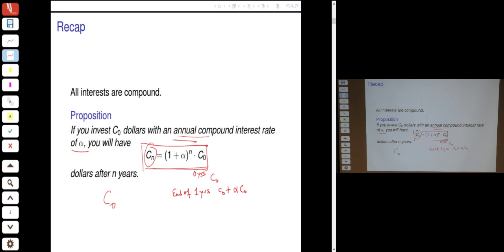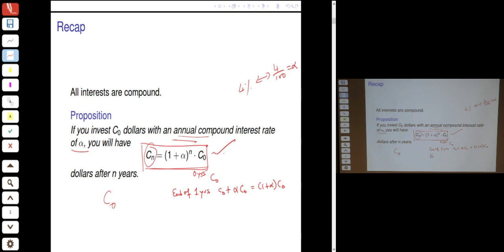So for example, 4% will be converted to 4 over 100 as the value of alpha when you try to use this equation. At the end of 1 year, you have C0 plus the interest, which is alpha times C0, because alpha is the annual interest rate. So this is (1 plus alpha) times C0.